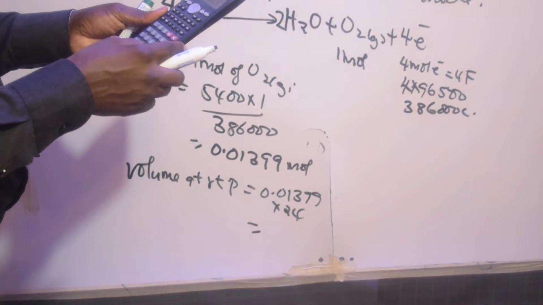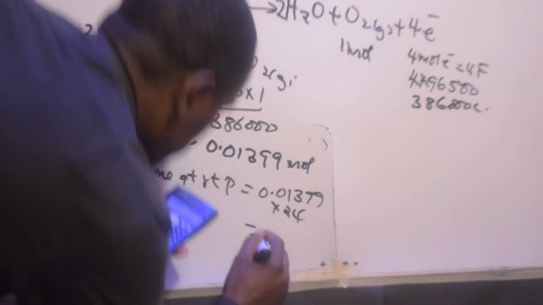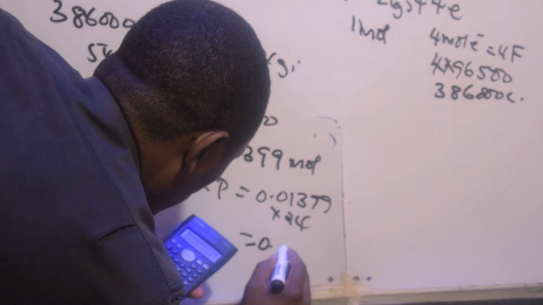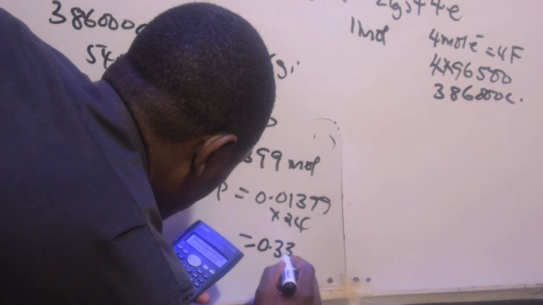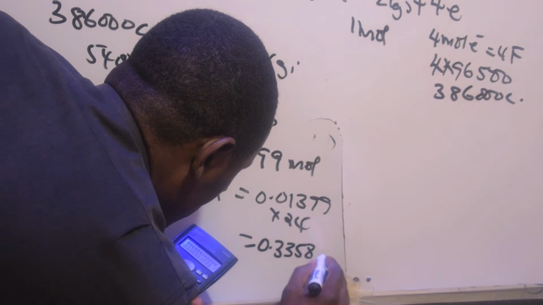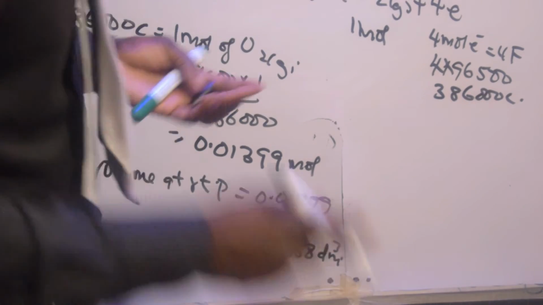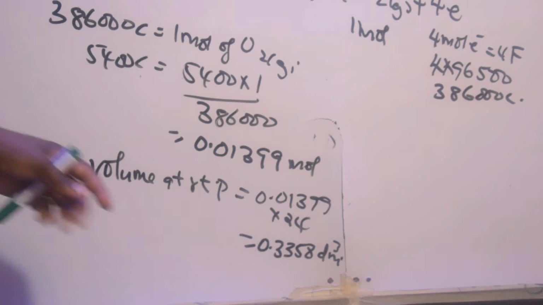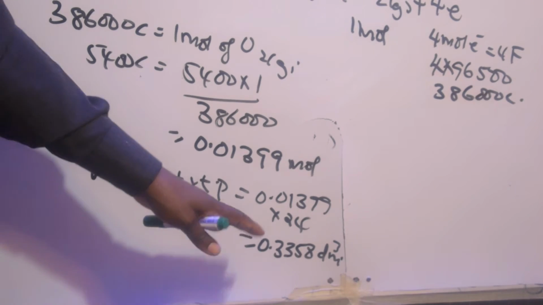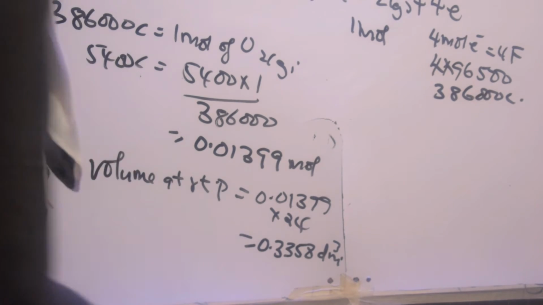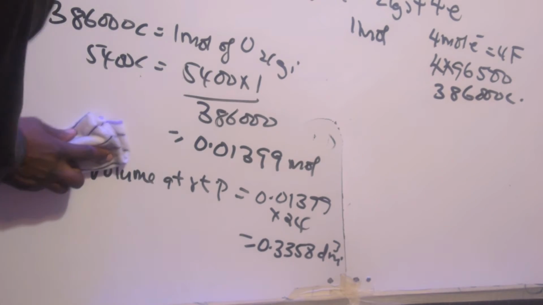Multiplying by 24, I will get 0.3358, and these are cubic decimeters. That's what we're talking about. 0.3358 cubic decimeters.